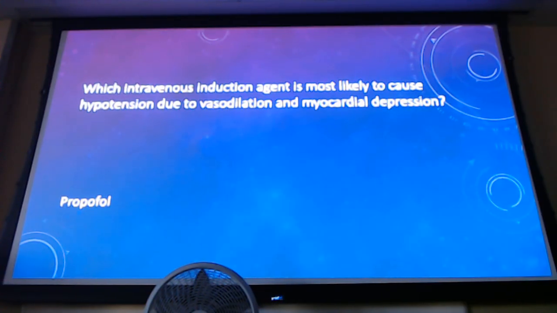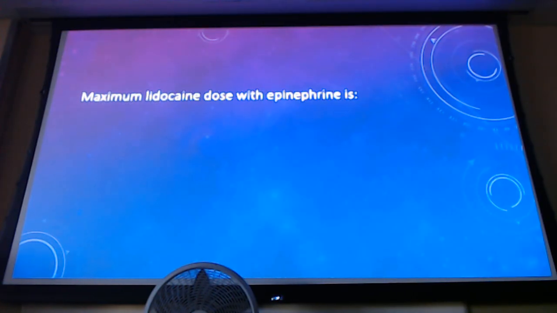No. What other agents do you have? Ketamine. Absolutely. Love ketamine. All right, what's the max dose of lidocaine with epi? 7 mg per kg. 500 top. Good.